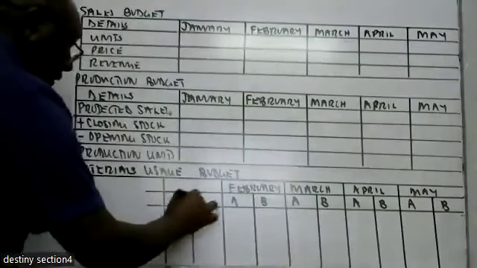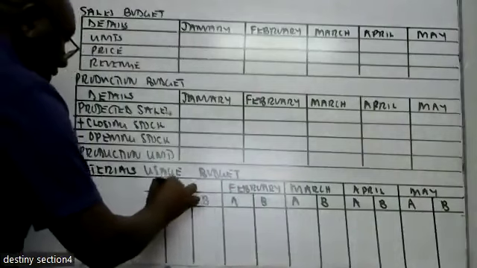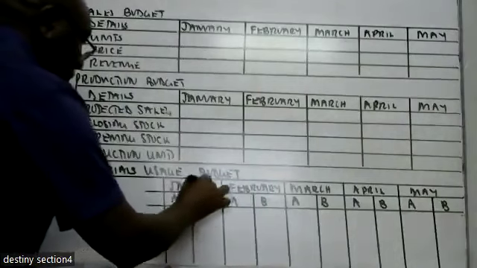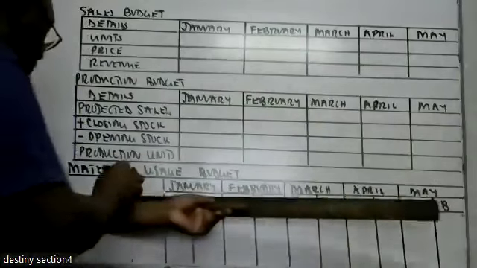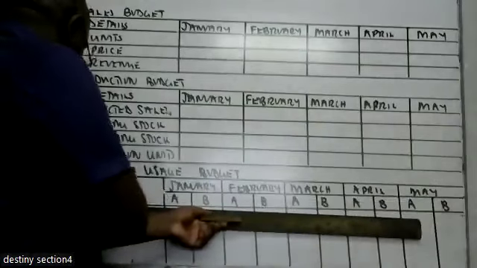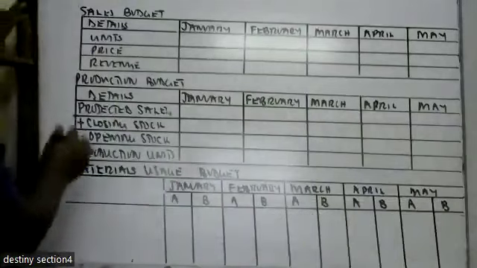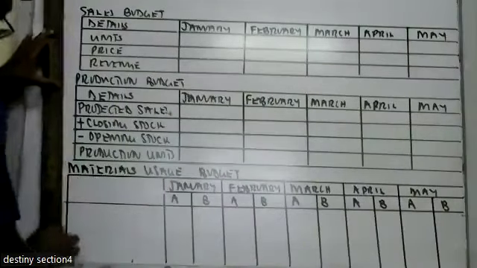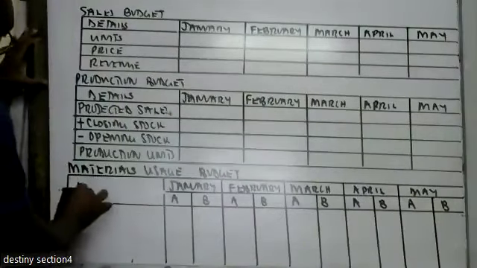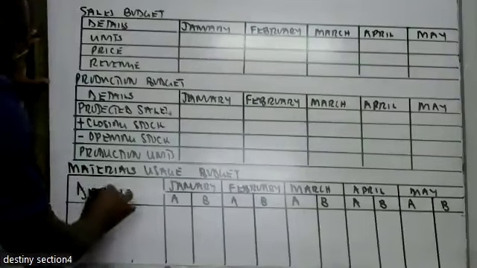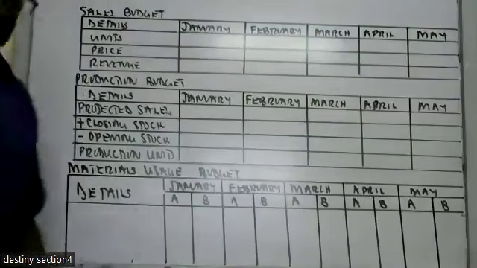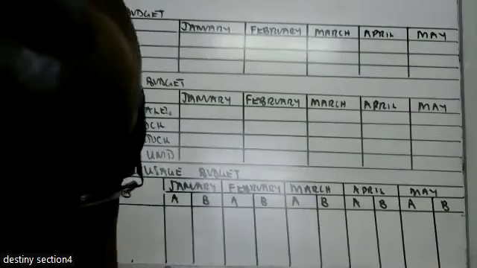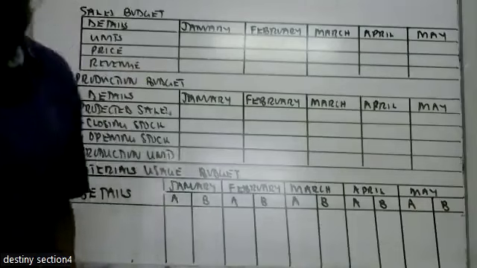This is A, B, the month of January. So details. Oh, we just have one product.